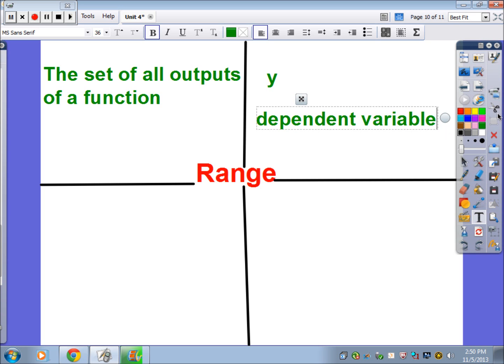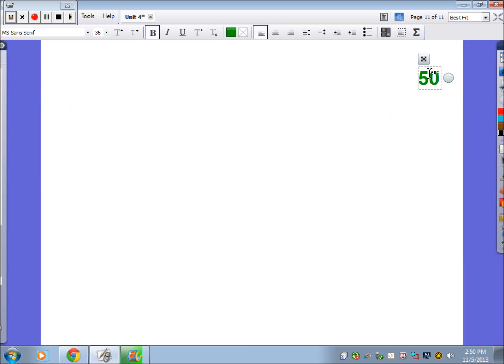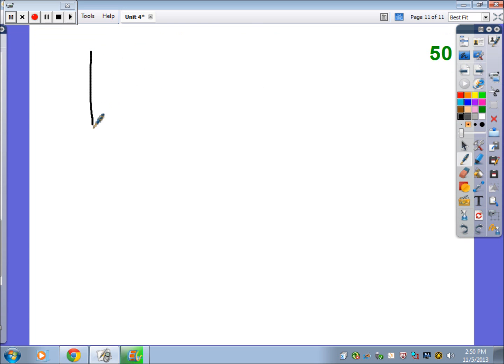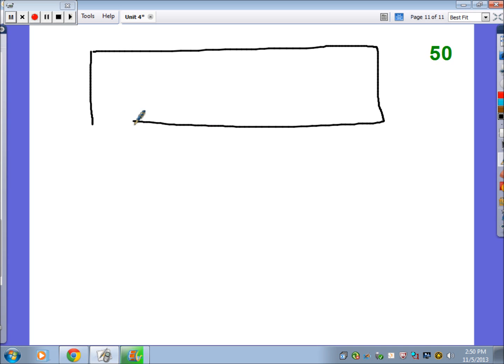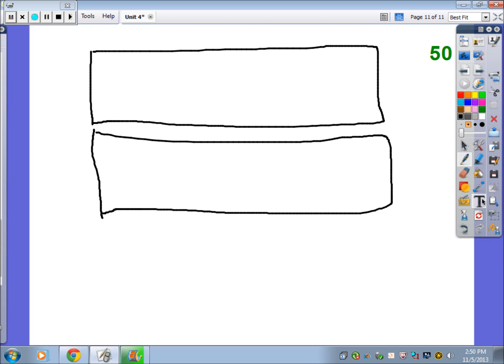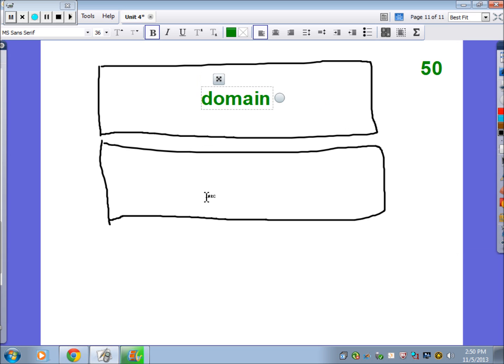So now I want you to go into your notebook onto page 50. And I want you to put your two Frayer models up here at the top. So we'll have our Frayer model and then another Frayer model. You don't want to fold these over, leave them nice and big. This one says domain and this one says range.